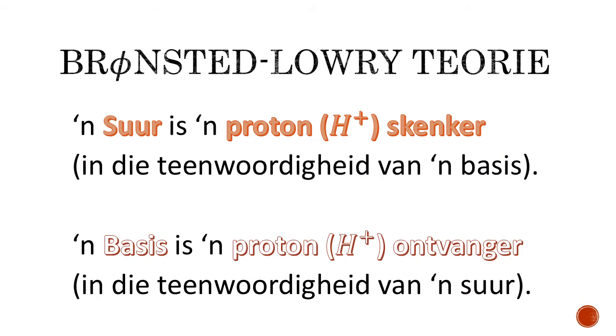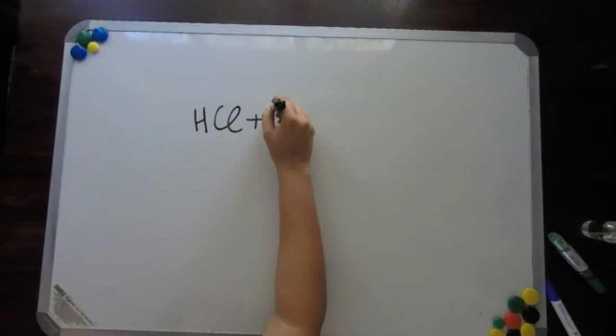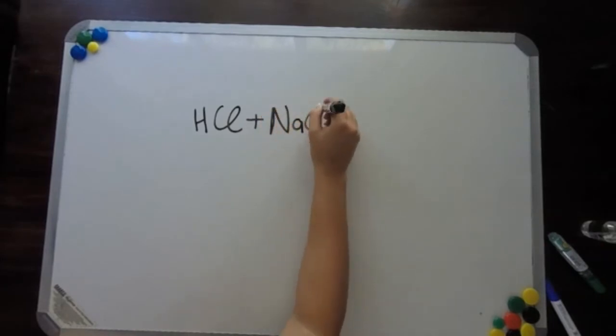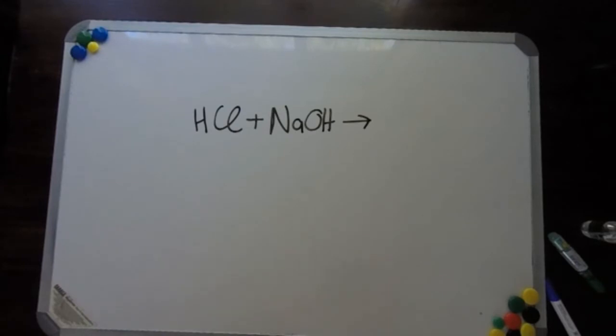Die Bronsted-Lowry-teorie definieer dit toe as: 'n suur is 'n protonskenker in die teenwoordigheid van 'n basis, en 'n basis is 'n protonontvanger in die teenwoordigheid van 'n suur. As ons byvoorbeeld kyk na soutsuur, wat 'n bekende sterk suur is, wat reageer met natriumhidroksied, wat 'n bekende sterk basis is, dan gebeur die volgende.